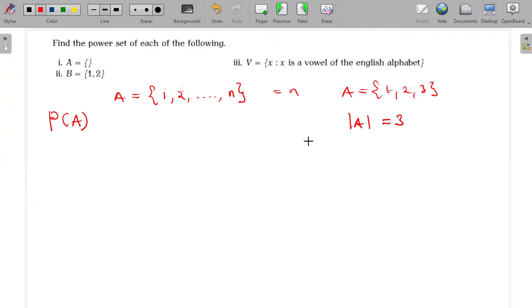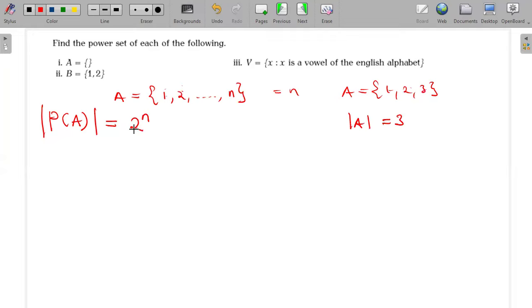Okay, so now how is this going to help us? This concept of cardinality also helps us find the cardinality of the power set. That is, how many subsets will the power set contain? I write the modulus like that, and this is given by the formula 2 to the power n.